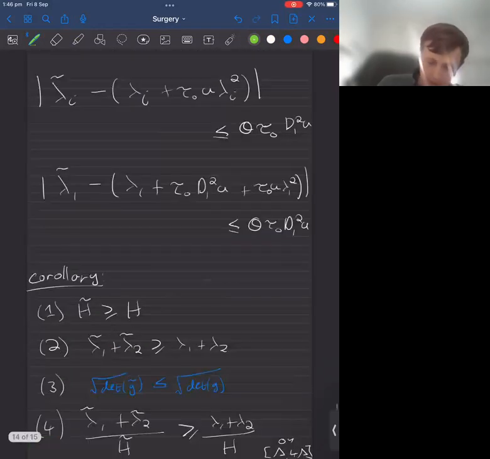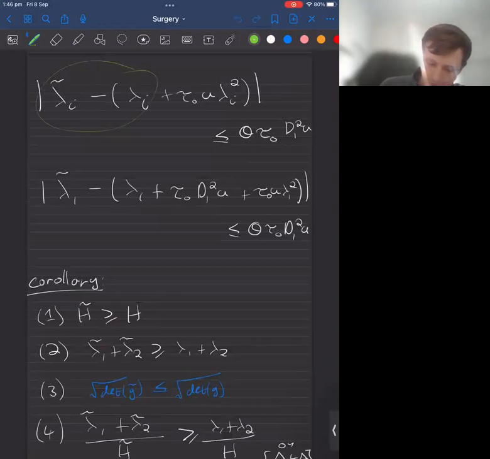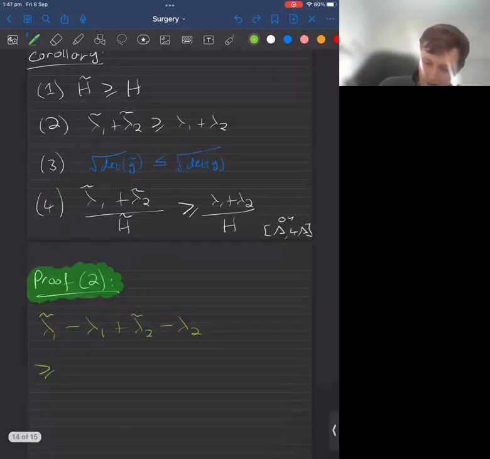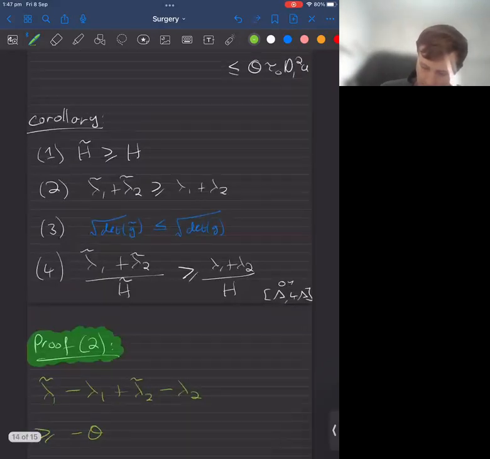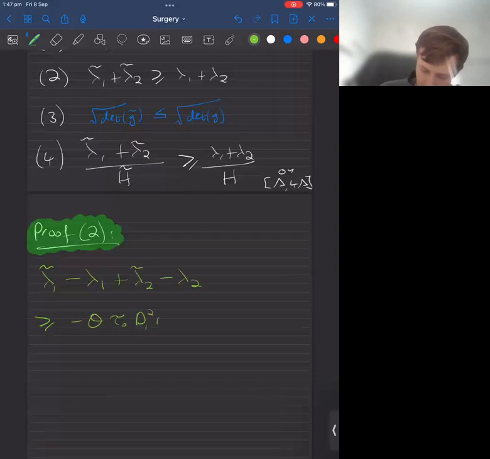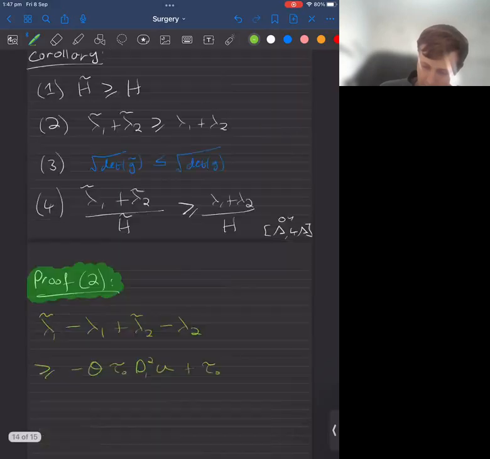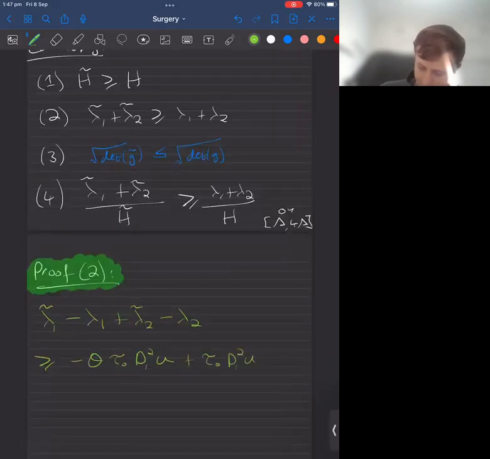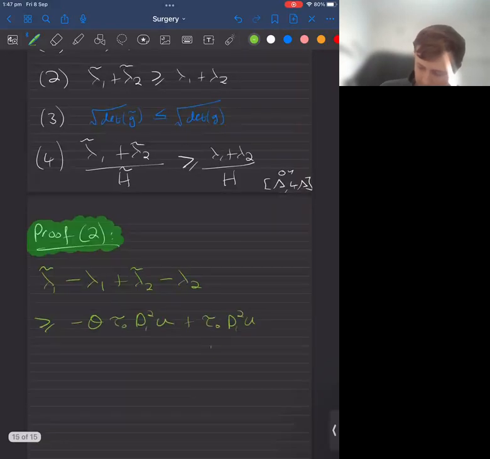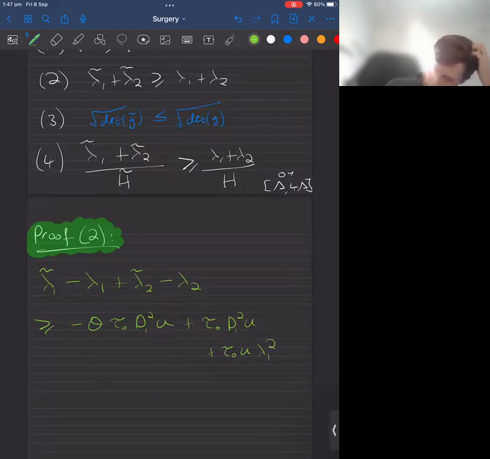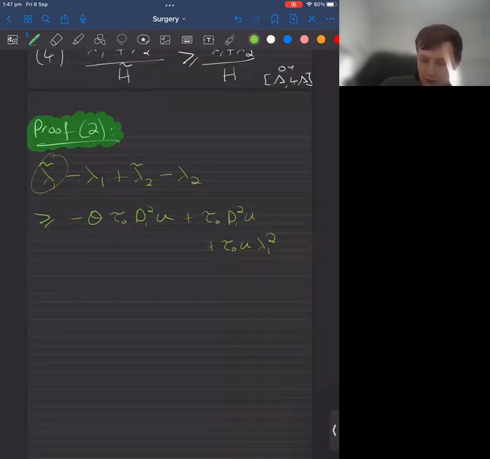So I know that the difference, so for the lambda 1s, say, I can bound this below by minus this plus this stuff, right? So I get a minus theta tau naught d1 squared u, and then plus tau naught d1 squared u, plus tau naught u lambda 1 squared. Okay, so that's from the lambda 1 tilde minus lambda 1.